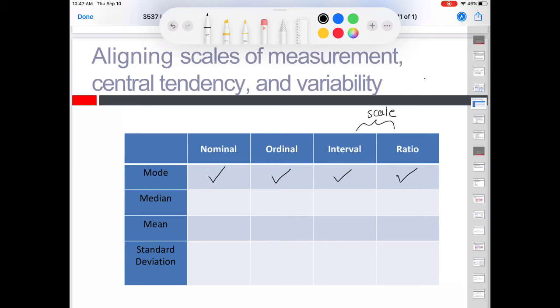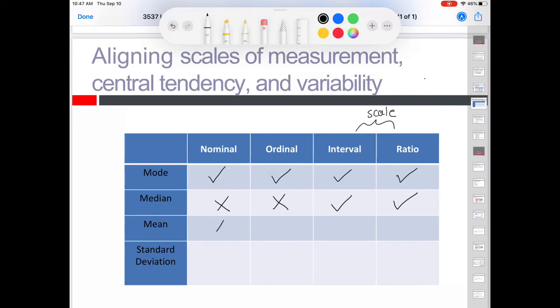Median is not calculated with nominal or ordinal data. We can't calculate median with nominal and ordinal data, but we can calculate median with interval and ratio data. Mean is similar.